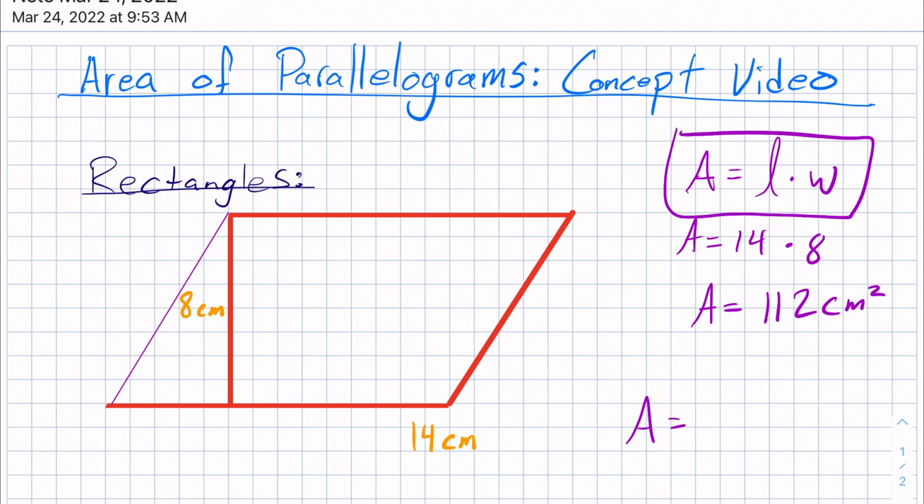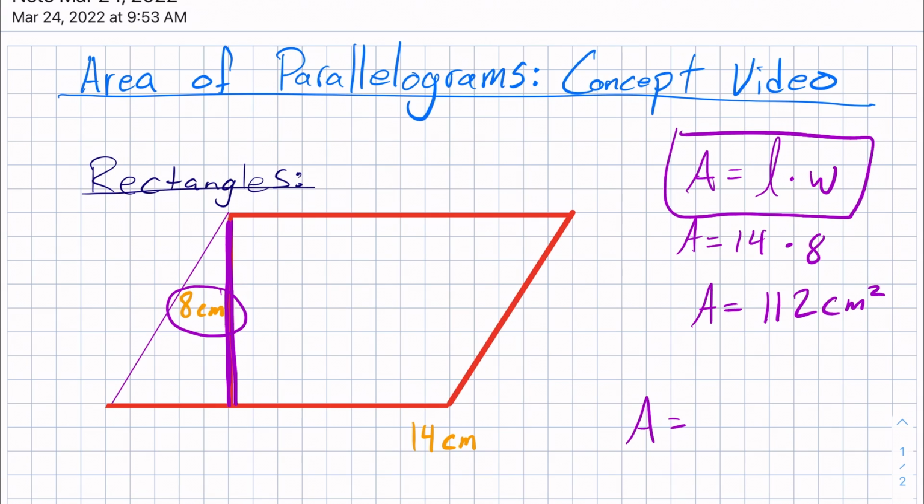It turns out that the only real difference here is the location of the width. When it was drawn as a rectangle, this 8 centimeters was on the outside, and now the 8 centimeters is on the inside.